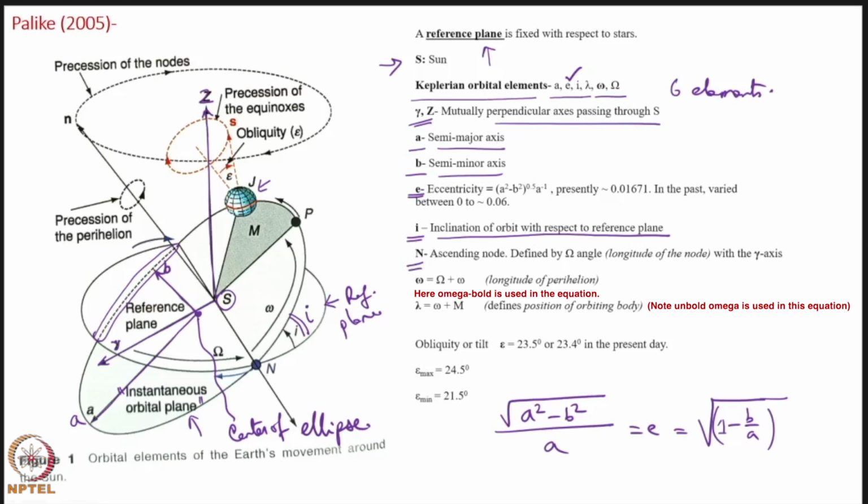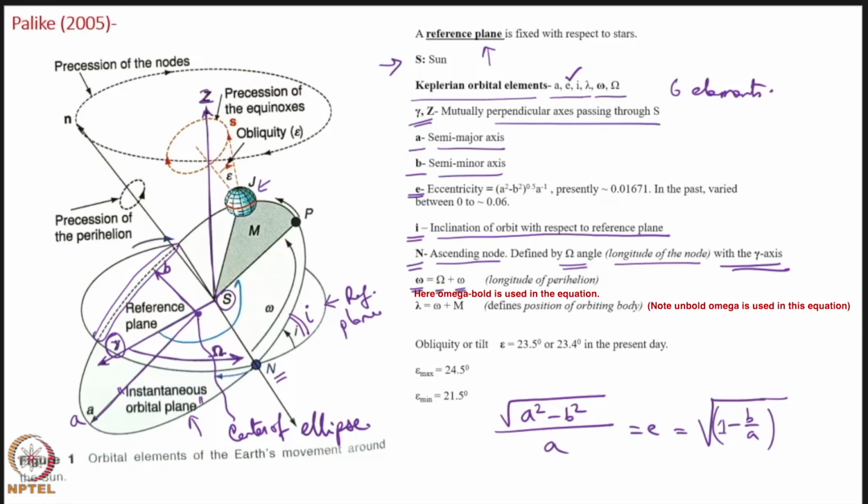Consider capital N is the ascending node. Here is the ascending node, and this ascending node is defined by the omega angle, which is the longitude of the node. This angle is the omega, which is the longitude of the node, and this angle is measured with the gamma axis. This is the gamma axis. So, we can write bold omega equal to omega, this symbol, plus omega.